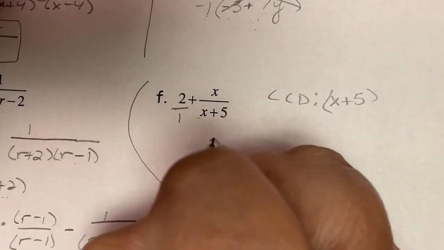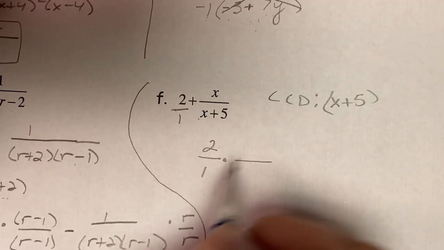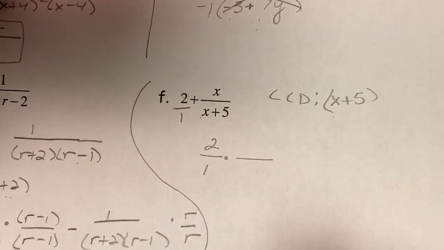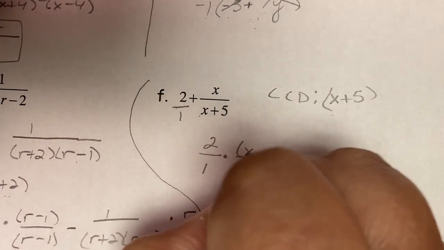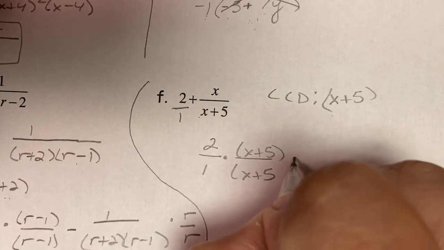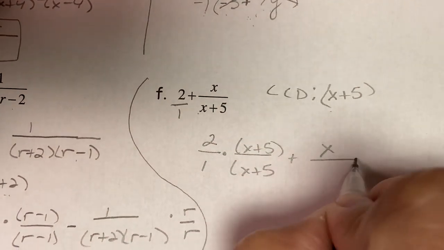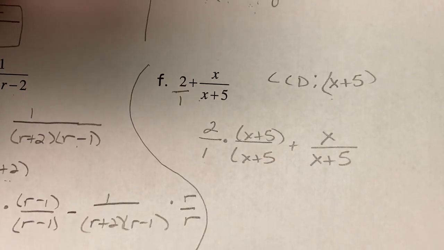So if I rewrite this first fraction, and if I need to make this denominator look like this, what do I have to multiply top and bottom by? Well, I have to multiply it by x plus 5. And if I go ahead and rewrite the second fraction, it's already over the common denominator, so I don't have to worry about it.